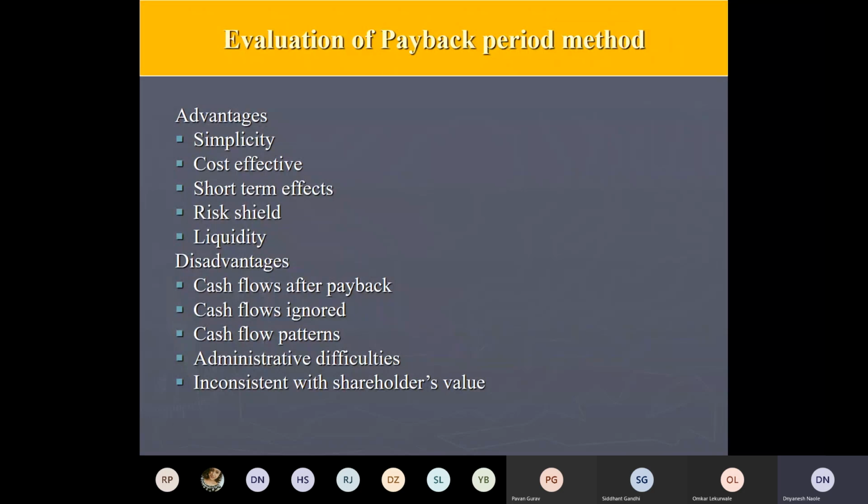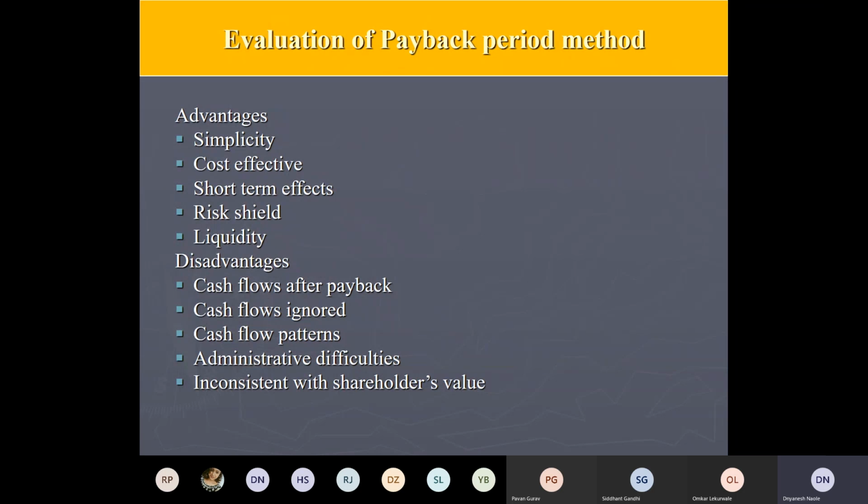Then administrative difficulties. Now what does it mean? A firm may face difficulties in determining the maximum acceptable payback period. Okay, means there may not be a consensus among the people in the management, or they may find it difficult to decide which should be the standard payback period with which the paybacks of the various projects need to be checked or matched.